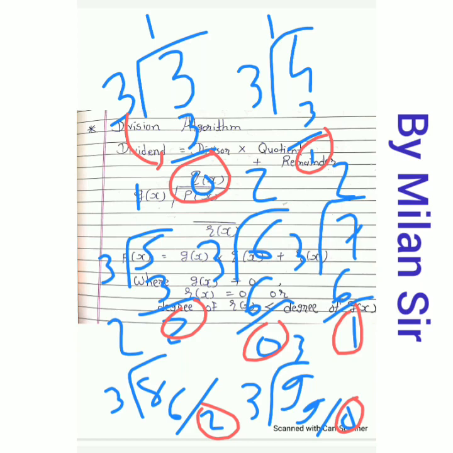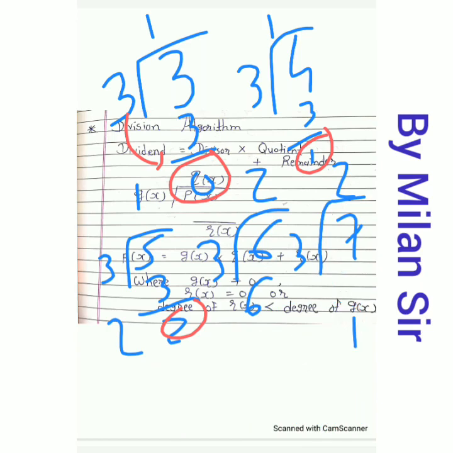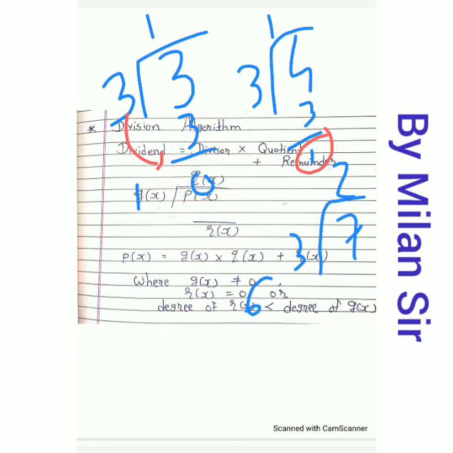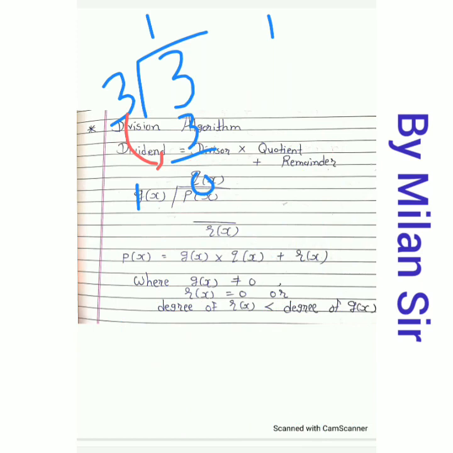We can get 0, 1, 2, 3, 4 as a remainder, but not 5. So the remainder is always less than the divisor, right?